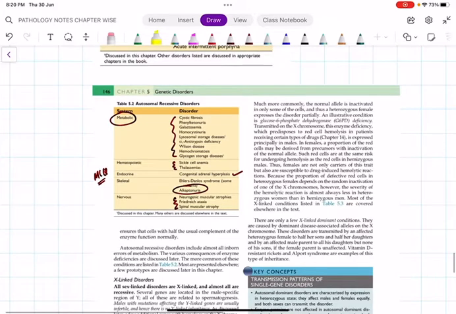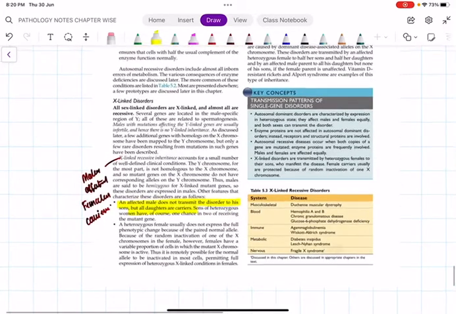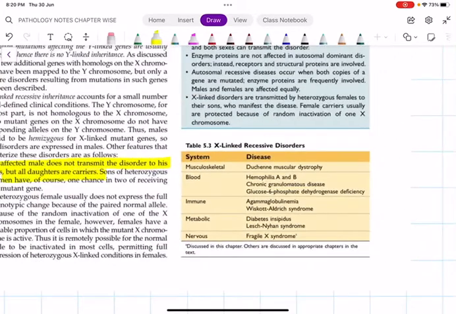Then examples of X-linked recessive conditions, again system wise. Musculoskeletal: Duchenne muscular dystrophy. Blood: hemophilia, chronic granulomatous disease and G6PD deficiency. Then immune: agammaglobulinemia and Wiskott-Aldrich syndrome, very, very important.